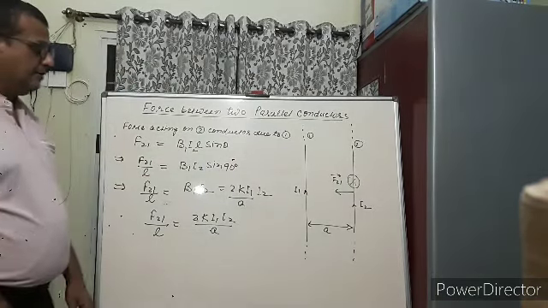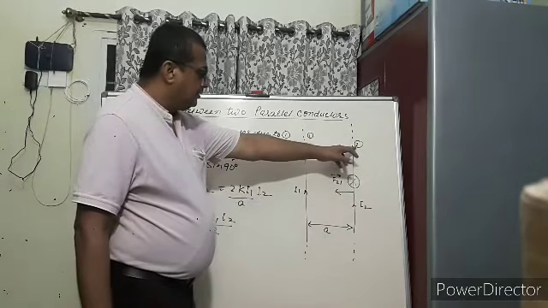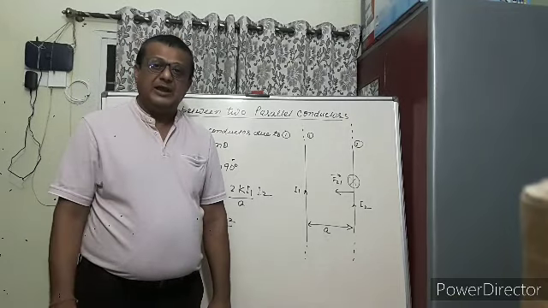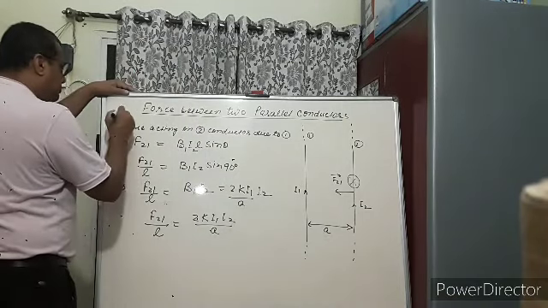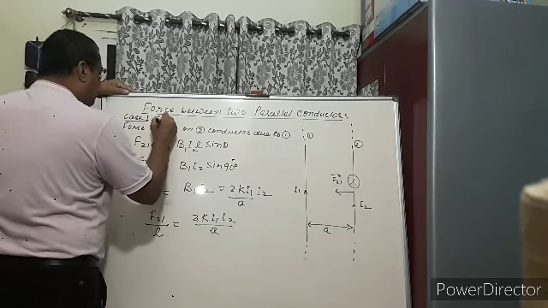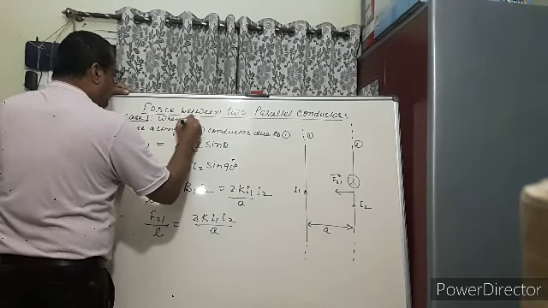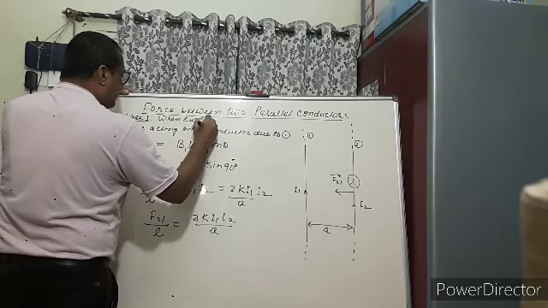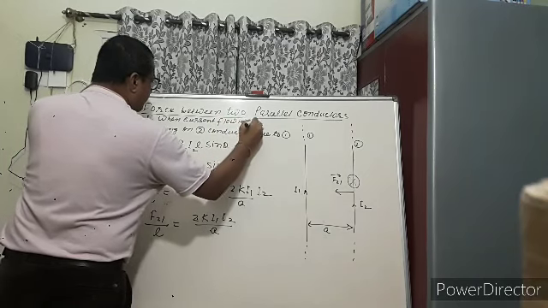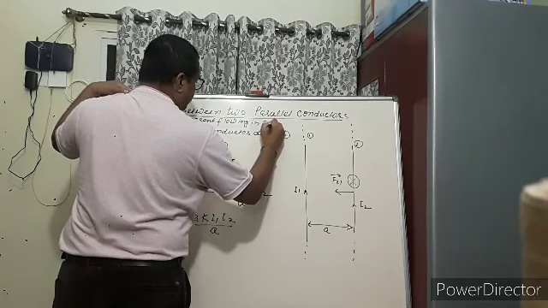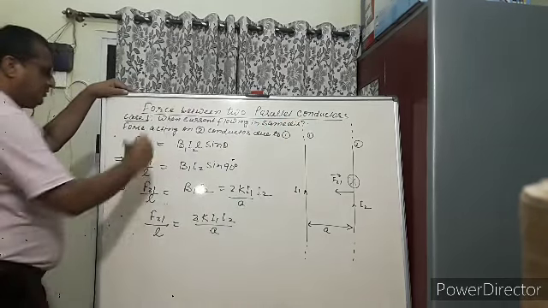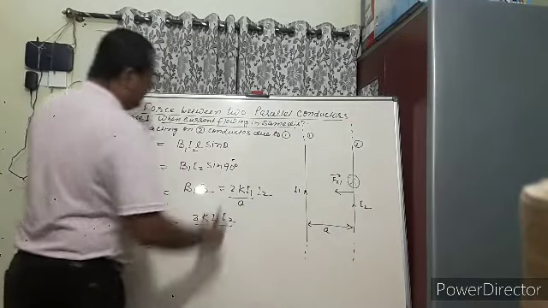Similarly, when conductor 2 produces a magnetic field, what will happen? So first of all, this is case 1, when current is flowing in the same direction.